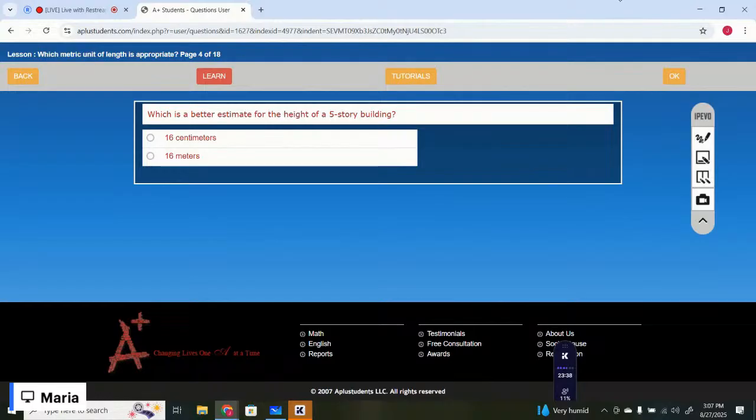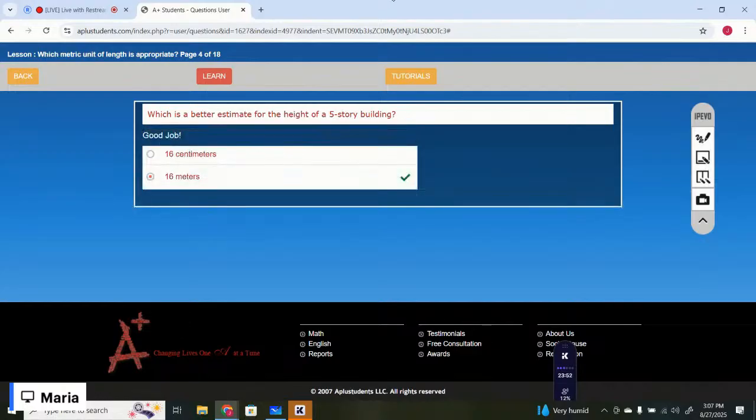Which is the better estimate for the height of a 5-story building? It is a 5-story building, so it must be too tall. Centimeter is a smaller unit, right? The longer lengths we measure in meters, so it would be the 60 option.